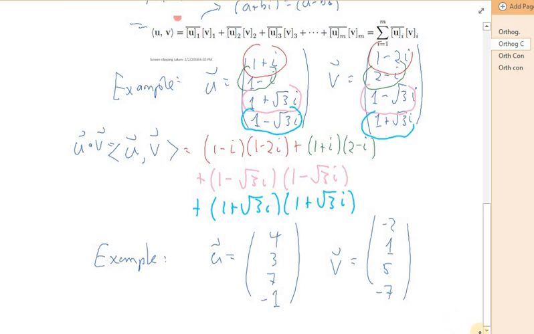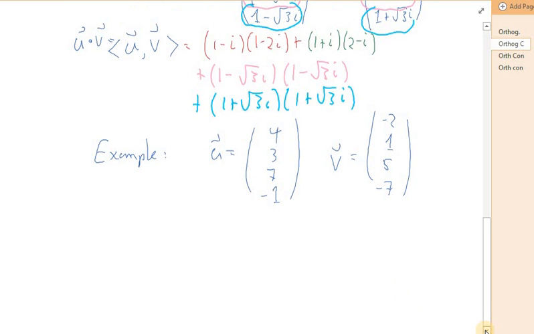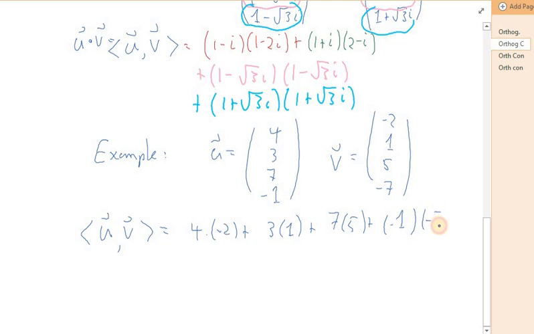In this case, the inner product is going to be 4 times minus 2, plus 3 times 1, plus 7 times 5, plus minus 1 times minus 7. All right? And you can figure that out. So with real numbers, it's much easier.